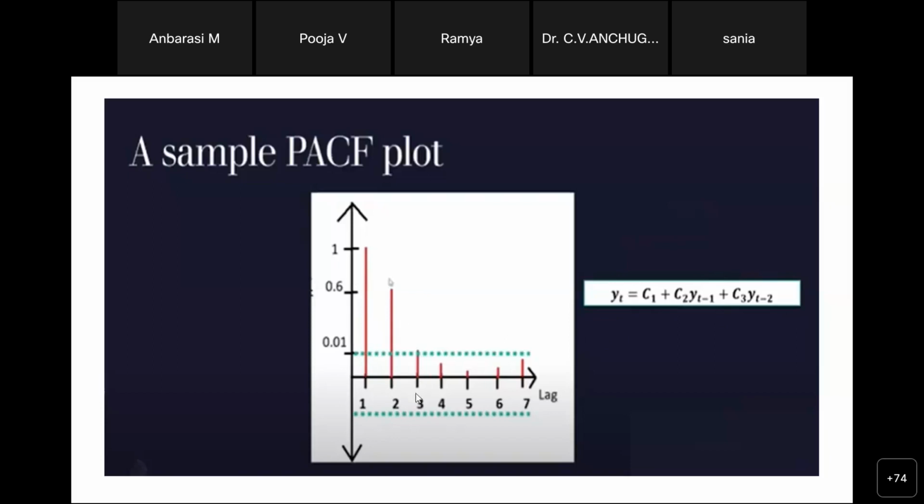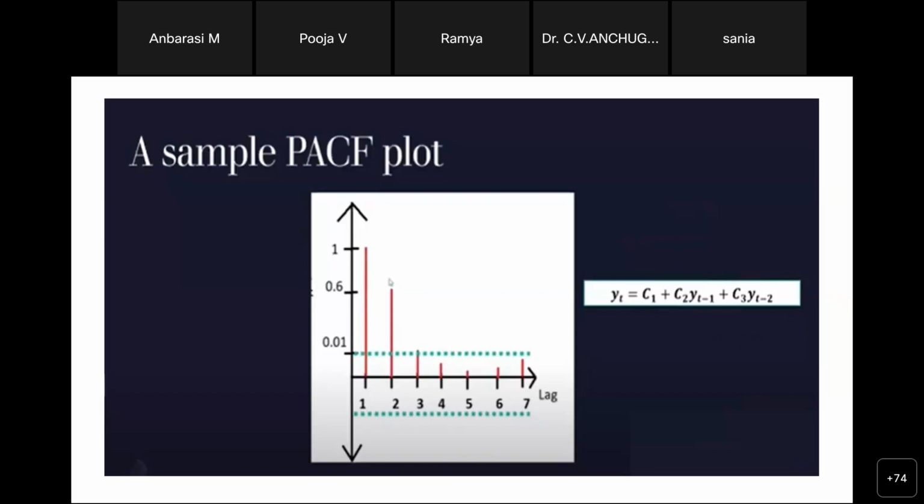Suppose the third value is also above the threshold, then the third term, y t minus 3, will also be considered. So this is how the number of terms, or the orders, will be considered.